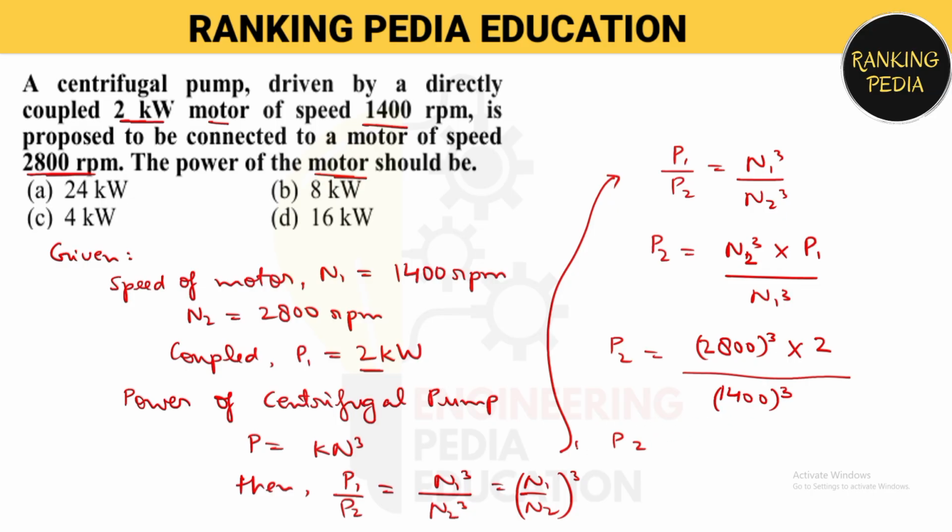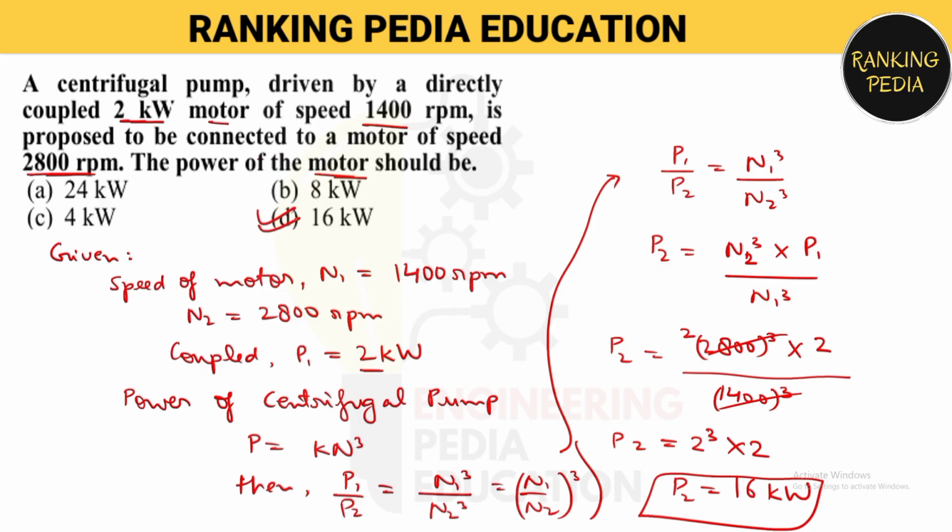So P2 is twice of, so here P2 is 2 whole cube, P2 is 16 kW, which is the final answer. Option number D is correct.